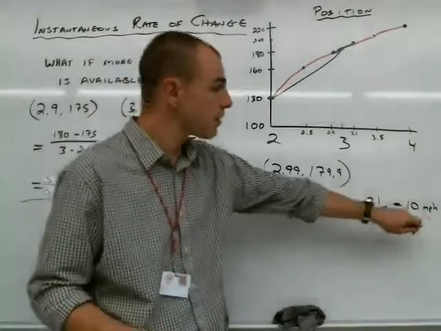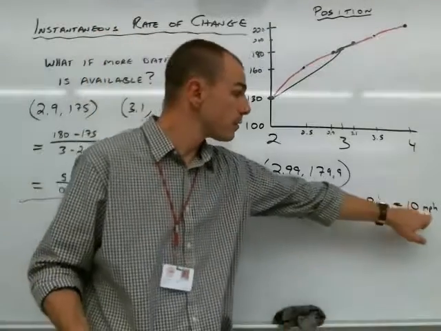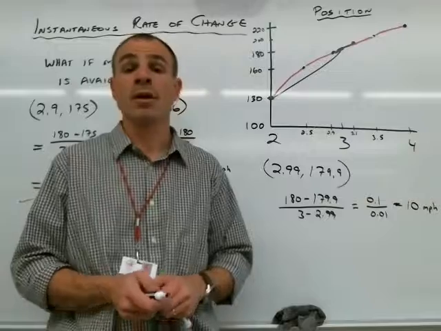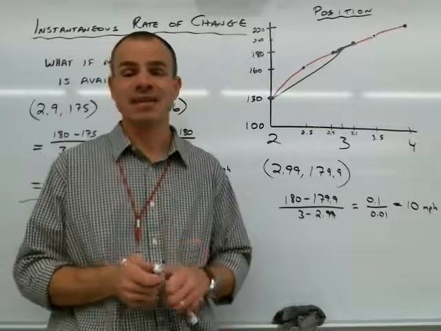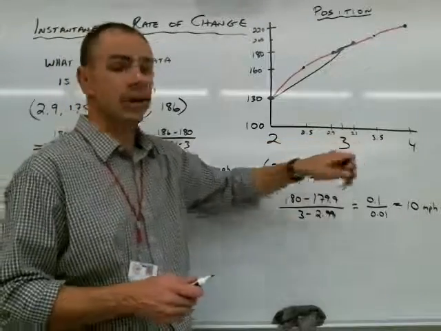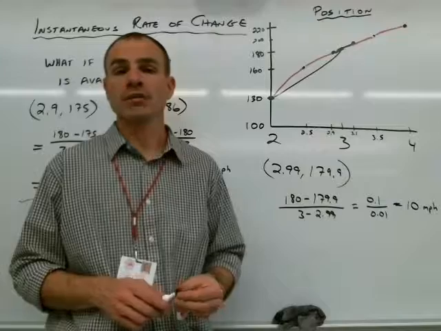Okay. So now we can get a really good idea of exactly what's happening because we're only 36 seconds away. So maybe there was a traffic jam and we had to slow down. We didn't know that for the previous hour, but for the previous 36 seconds, it gives us a much better idea of what's happening with our instantaneous velocity, what's happening as we are approaching that 3-hour mark. And that's the idea in general with the instantaneous rate of change.